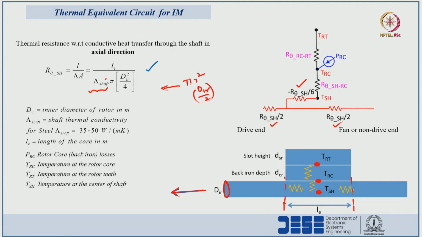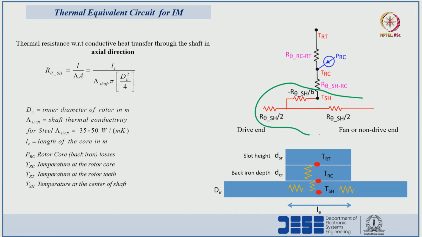Here I am assuming a heat generating point at the middle point of the shaft also. If we do not consider a heat generating point at the midpoint of the shaft, then this T type of network is not needed. We can directly represent it in this fashion as building block 1, where this is R theta sh by 2 and this is R theta sh by 2.